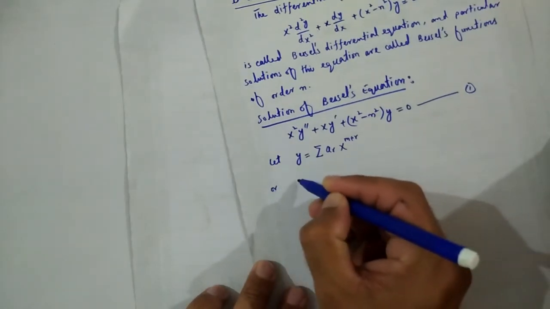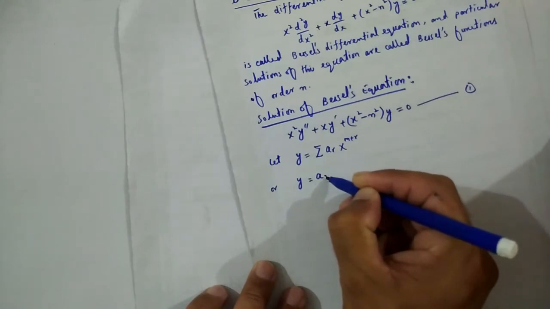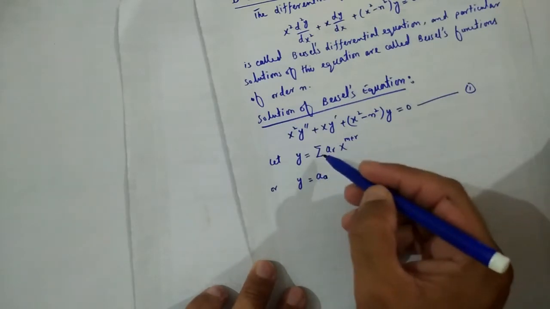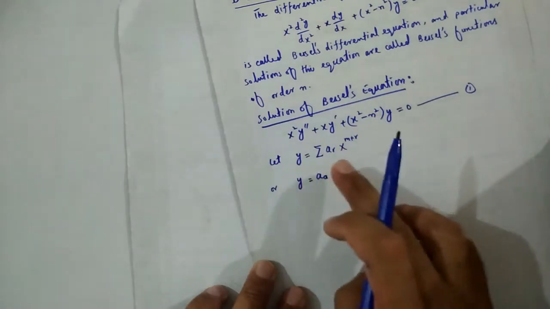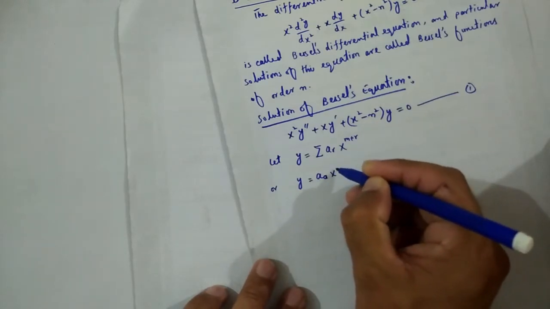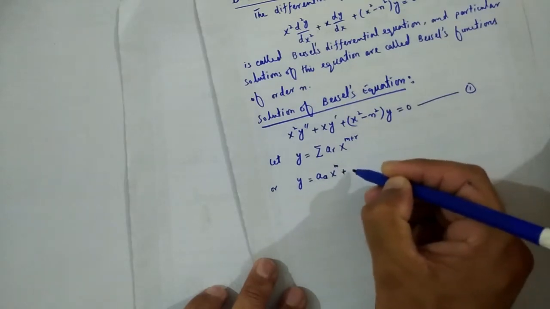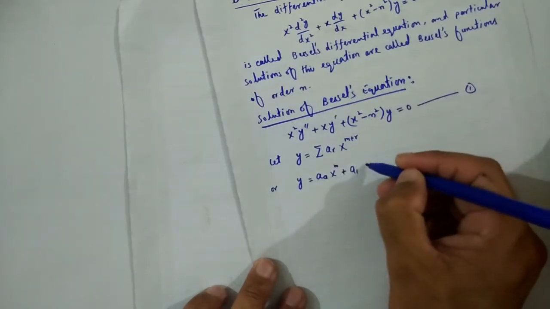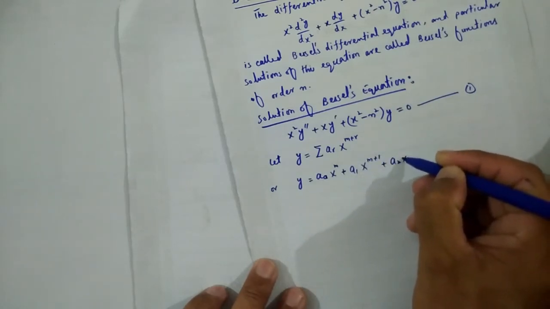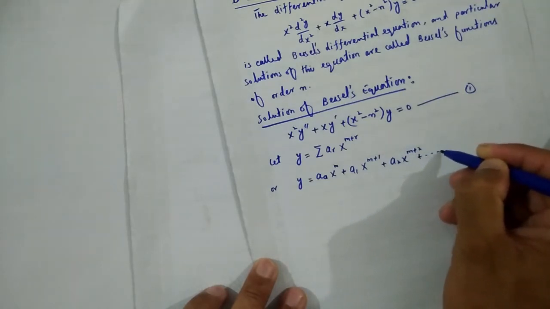Here the summation varies from 0 up to infinity, so this will be a naught x to the power m plus a1 into x to the power m plus 1 plus a2 x to the power m plus 2 and so on.